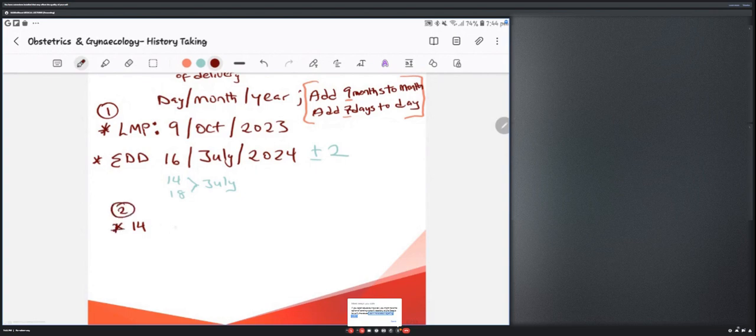Her LMP is 14th February this year, right? Because last year will be more than 9 months. So the month comes in with 14th February.